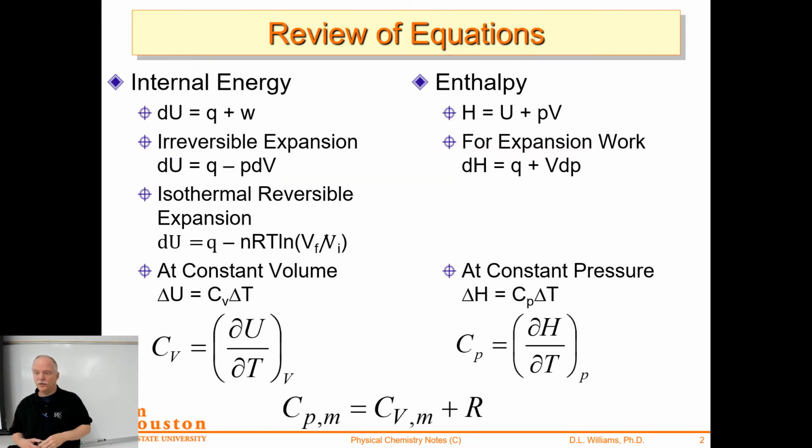So this is the review of the equations that we need to do these cycle problems. We need to know things like enthalpy changes, internal energy, but also these bottom two, at constant volume and at constant pressure, these different changes in enthalpy and internal energy. So these equations are especially useful. And then this relationship.